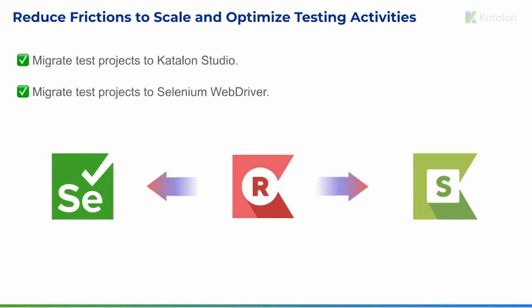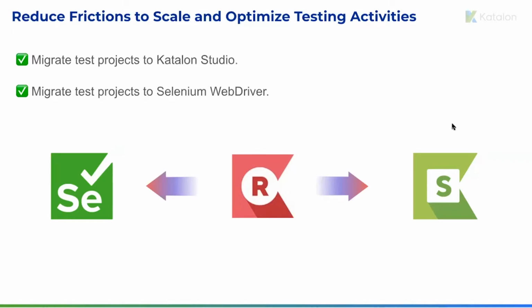Katalon Studio and Selenium are two of the most popular testing platforms right now. That's how Katalon Recorder enables you to migrate your tests easily, so that you can scale and optimize your tests once you reach a certain point of maturity.